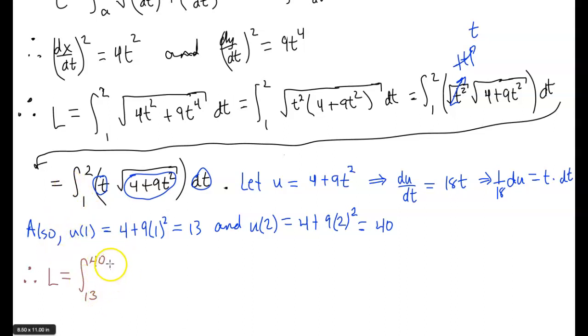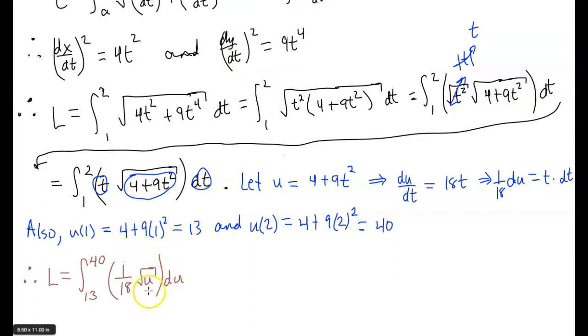And instead of t times dt, we're going to have 1/18 du. And instead of having square root of 4 plus 9t squared, we're just going to have square root of u. So this is what we end up having here.